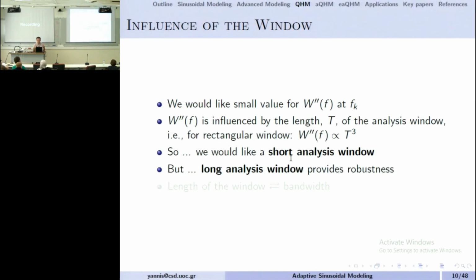What does robust mean? It is an over-determined system, and if we have more samples in order to estimate these parameters, our estimation will be more robust. We will be focused more on the data and not on the noise. So that's why we need long windows. So the length of the window means an interaction with the bandwidth, which we will use later on.